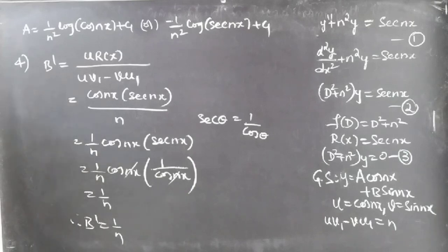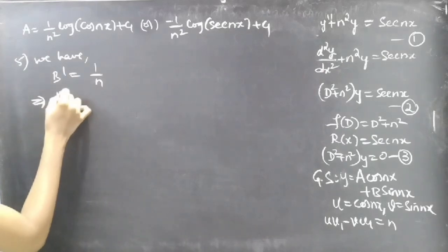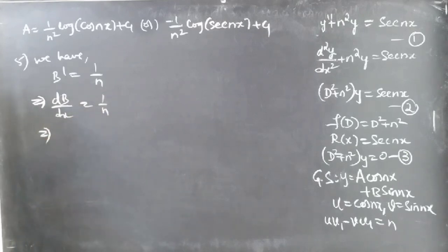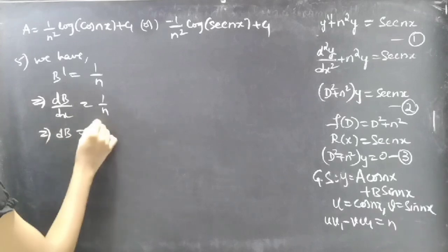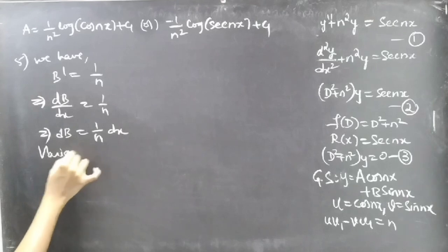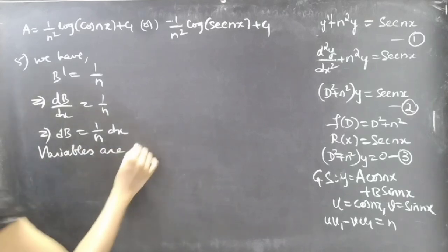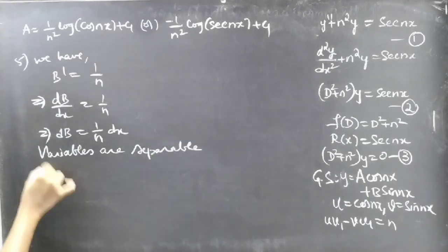Let's now find b using this b dash. We have b dash equals 1 by n, right? b dash is nothing but the derivative of b with respect to x. Now let's separate the variables by taking the differential dx to the RHS. We'll get db equal to 1 by n dx. Here the variables are separable, so let's perform integration.